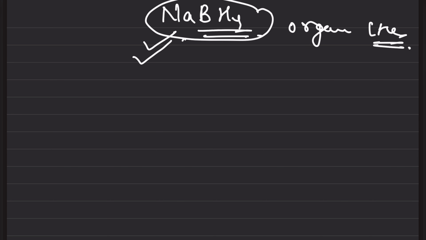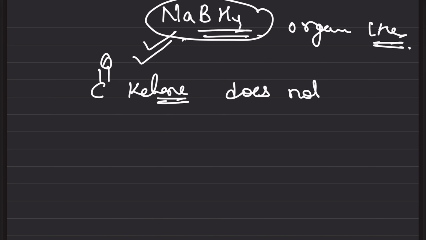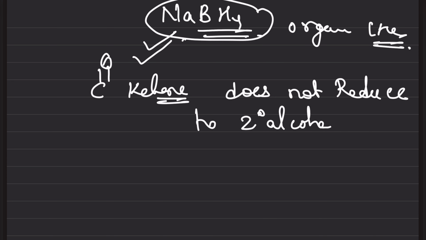The first property of NaBH4, or what the product will be when NaBH4 is there: if a CO group, or ketone group, is present, it does not reduce it to a 2-degree alcohol.